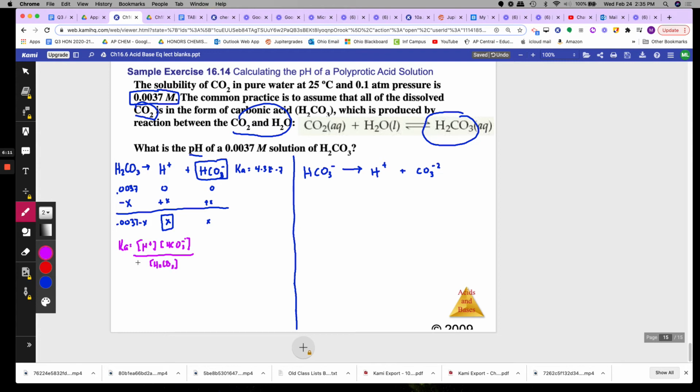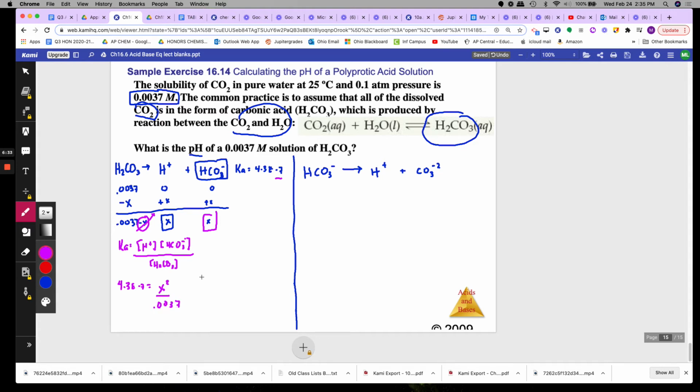Then I'm going to plug in 4.3 E negative 7 is equal to x times x, which is x squared, divided by, this is going to be negligible. Look at that, negative 7. That's really small. So 0.0037.